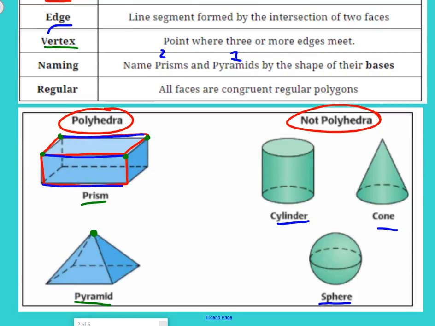A circle is not considered a polygon because it doesn't have edges and vertices. Cones and spheres also have that circular shape, so anything with that circular shape is not going to be a polyhedron. But things made up of polygons, like prisms and pyramids, are polyhedra.